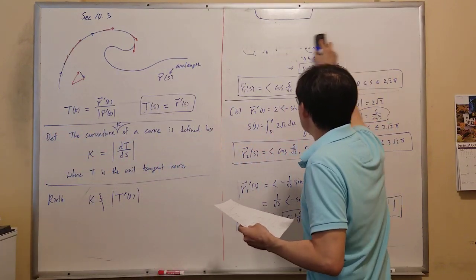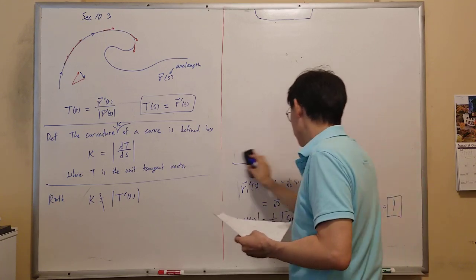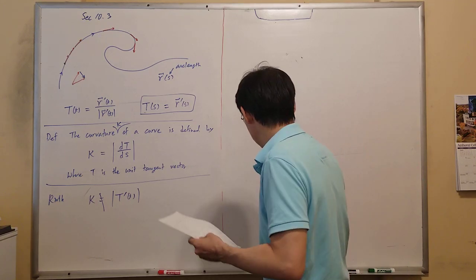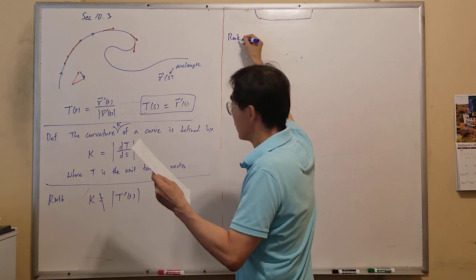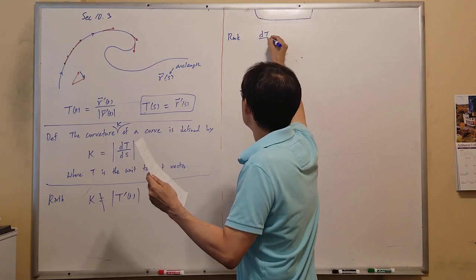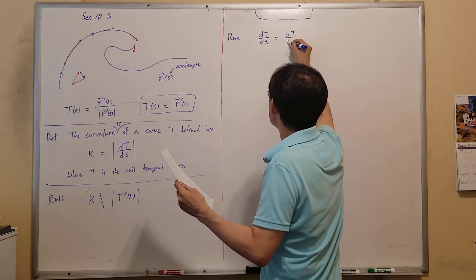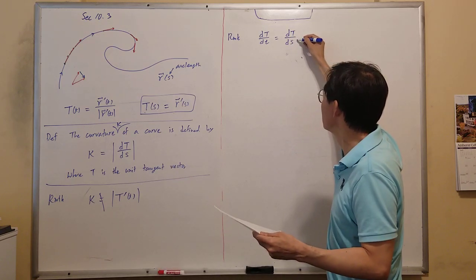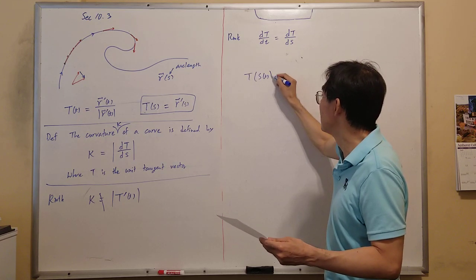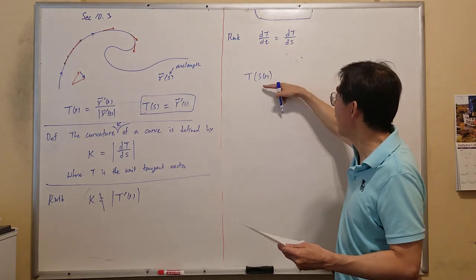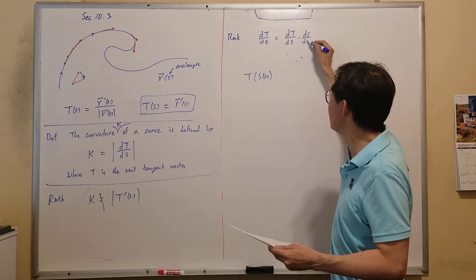So, this is how we overcome that. Look at this. Remark. If you take the t derivative using the chain rule, if this was represented as a function of s, right? Let's say T is, okay, derivative of the outside function times derivative of the inside, right?